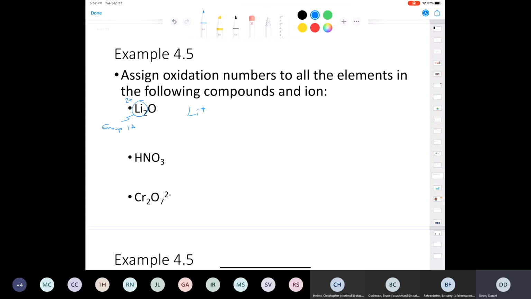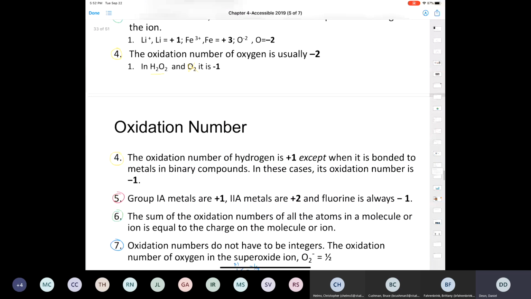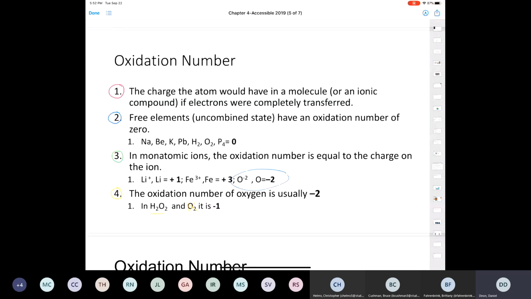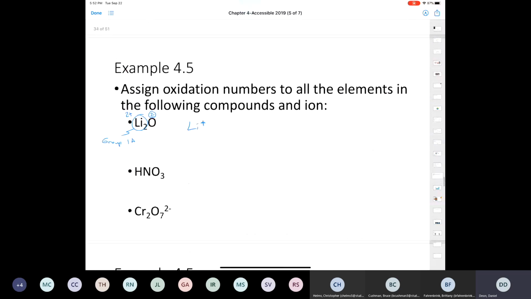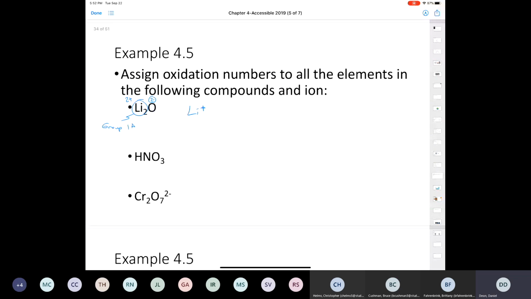So what must the charge of oxygen be? It has to be 2-. And in fact, oxygen usually is 2-. If we go back here, we see that oxygen is usually 2-. So oxygen in this one is 2-. So those are the oxidation numbers.